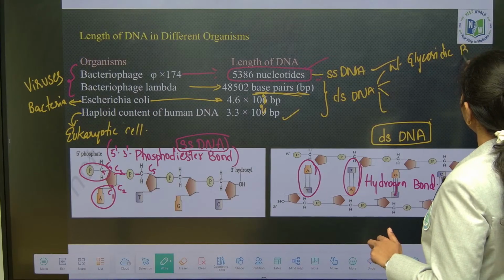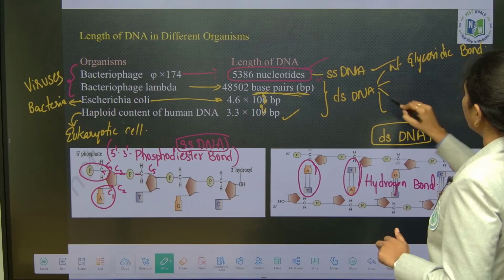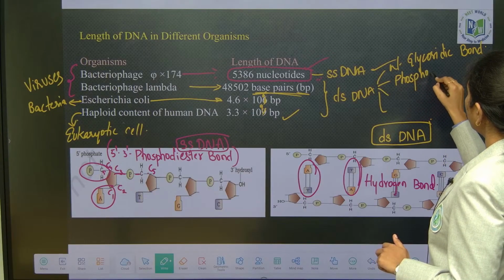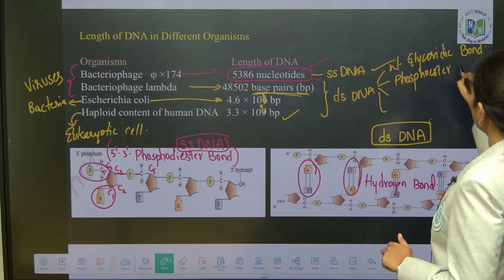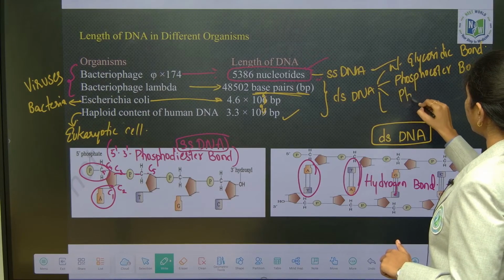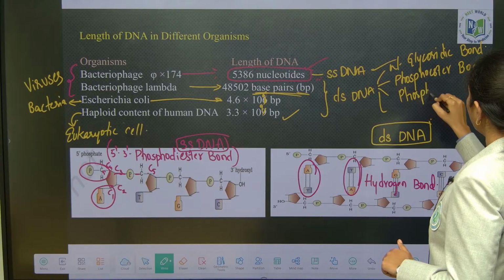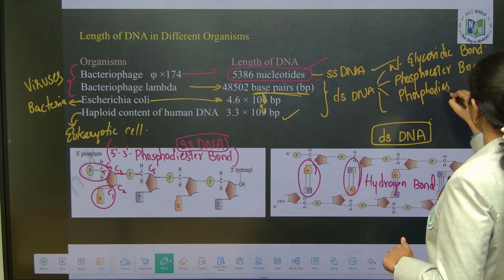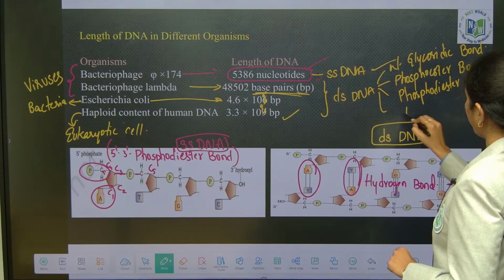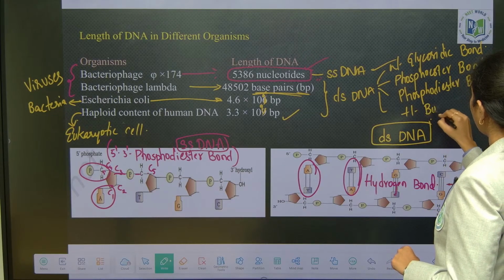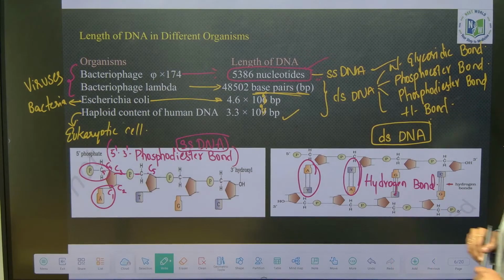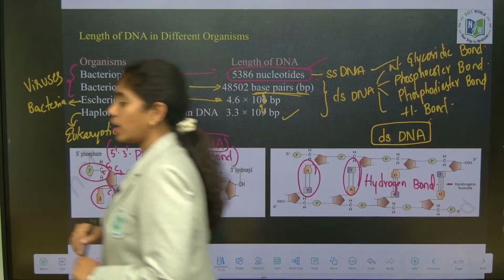N-glycosidic bond, phosphoester bond, phosphodiester bond, hydrogen bond. Just take down for single stranded and double stranded DNA.